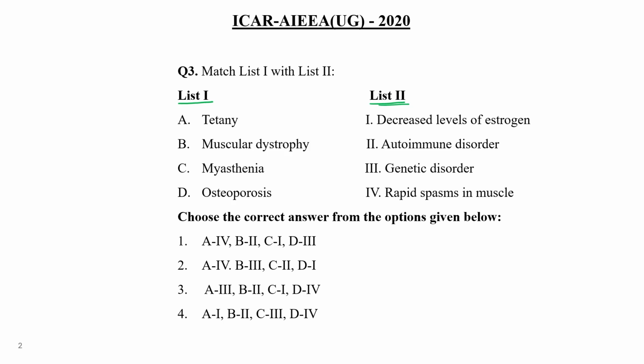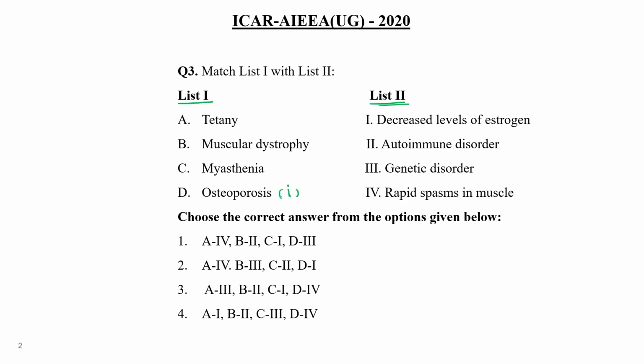So D goes with choice A. Okay, so out of these four options, only D goes with choice 1 in this second option. But still we will relate the other options also. Okay, so D with 1.